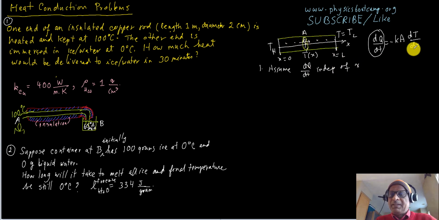Okay, then we can apply this, say this end is maintained at temperature TH and this end is maintained at temperature TL.